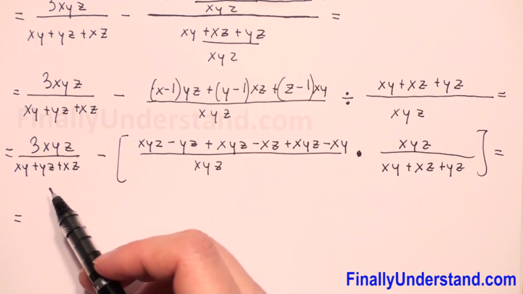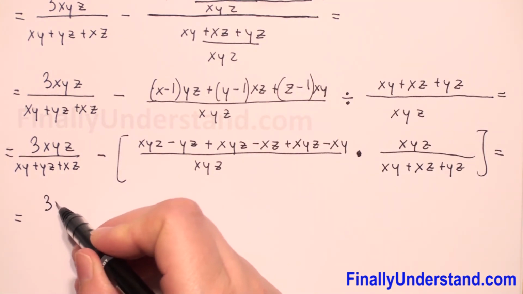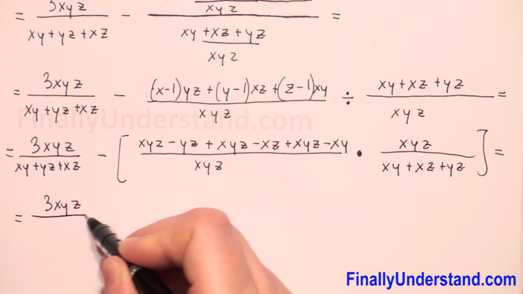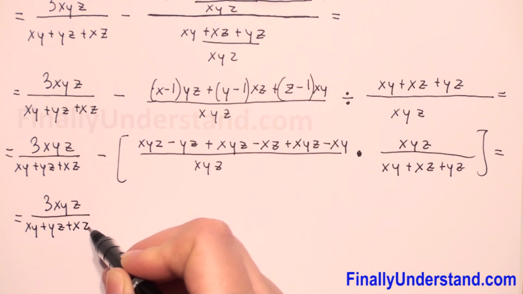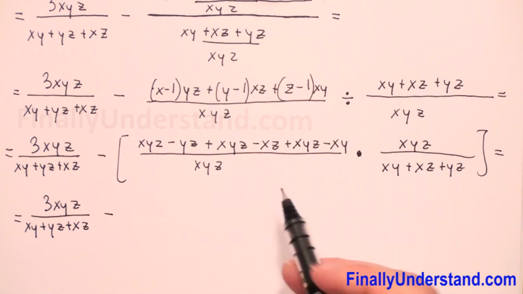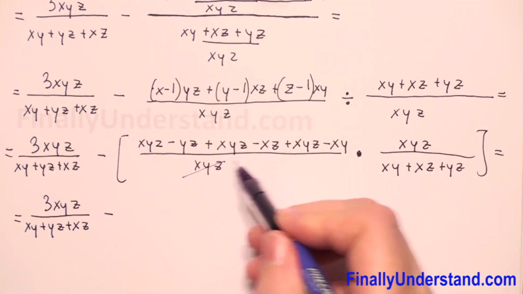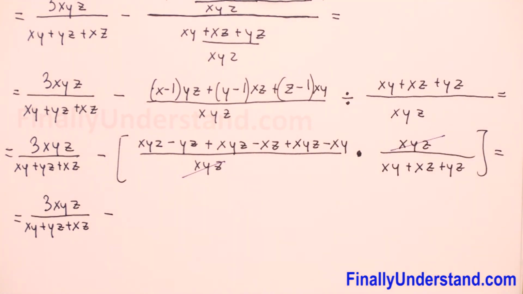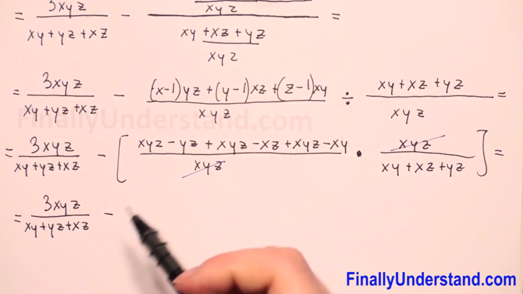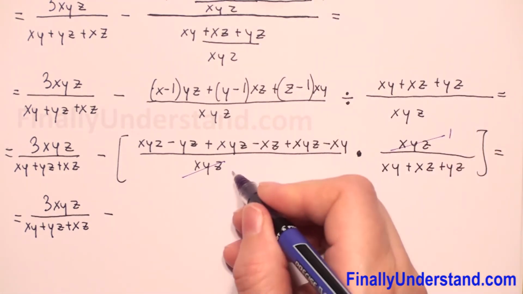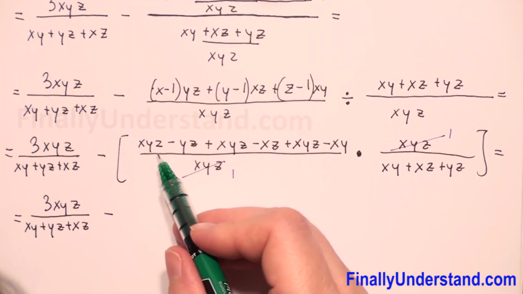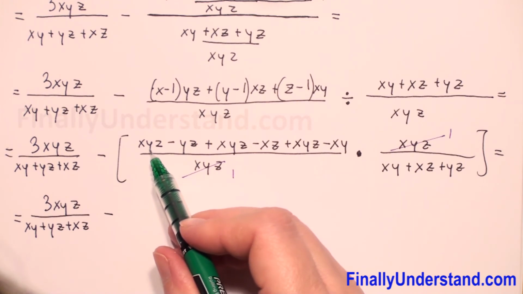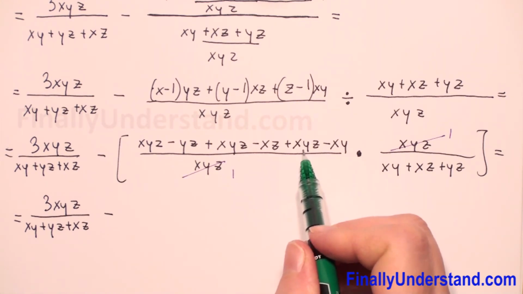The first fraction we have to copy, so we have 3xyz over xy plus yz plus xz minus, and now we have multiplication, so we can reduce. We have xyz and xyz, so now we will have 1 and 1, so 1 times this whole expression will be the same expression. So let's combine the like terms xyz, xyz and xyz.